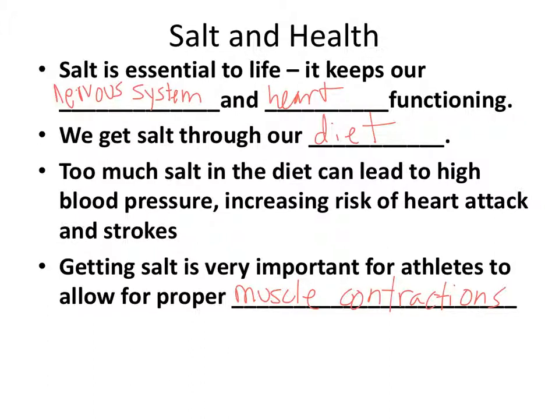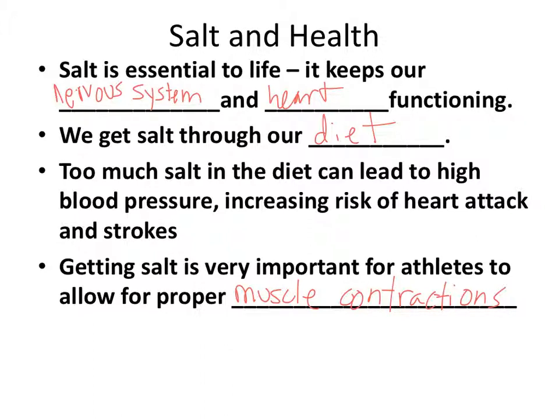Because if you start getting a muscle cramp, you would just down the salt packet and drink some water, and then your cramp would go away. Because of the lack of salts, because you're overusing your body when you're running a half marathon or marathon, you're losing electrolytes, and so your muscle isn't able to contract as well. And so by flooding your body with the salt, it's able to contract properly again.